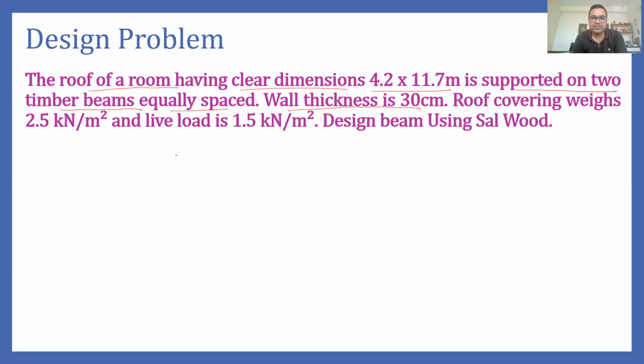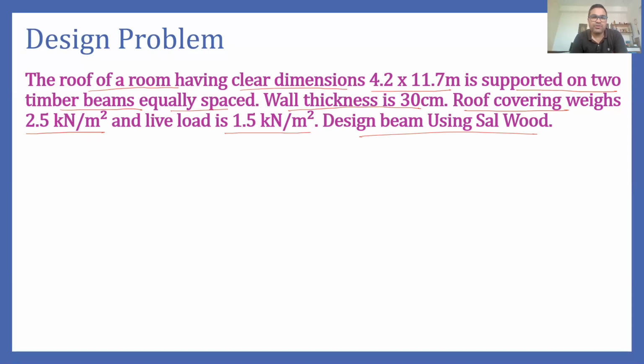So obviously the roof is resting on the wall from all four sides, and on the interior side it is supported with the two beams which are equally spaced, and the roof covering has a weight of 2.5 kilonewton per meter square, and the live load is 1.5 kilonewton per meter square. So we have to design a beam using the salwood. So this is the description of our problem.